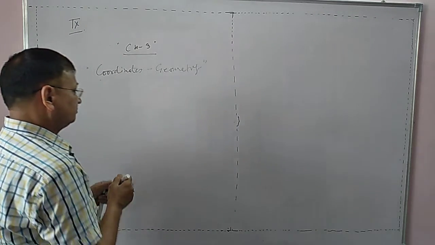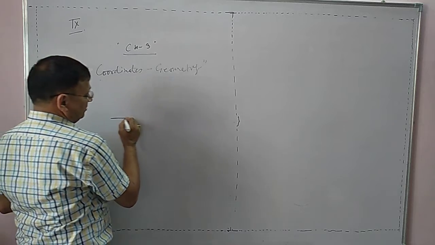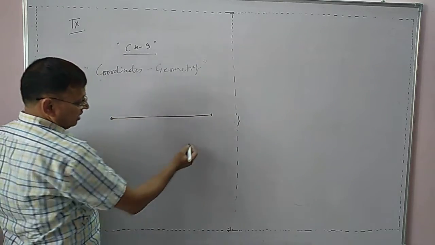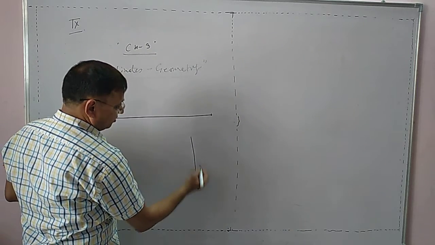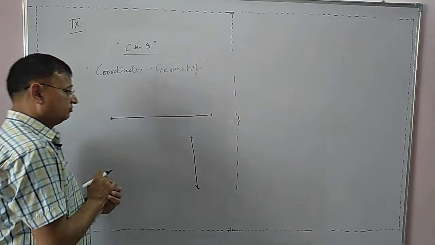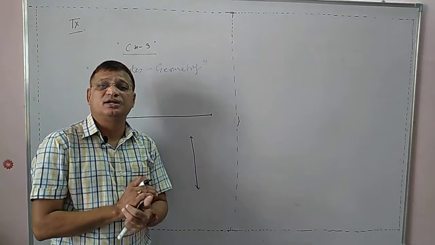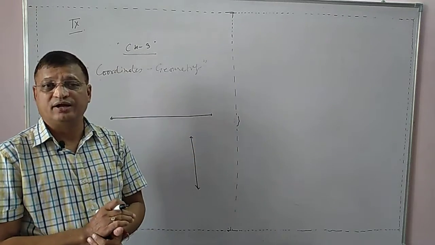One dimension is horizontal and the second is vertical. This line is the horizontal line and this line is the vertical line.